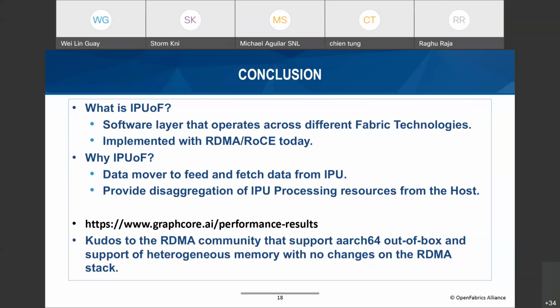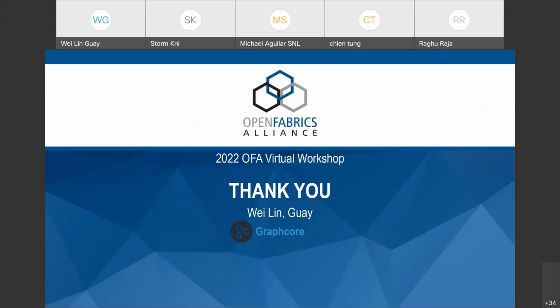Again, I would like to say thanks and kudos to the RDMA community, where we implemented the IPUoF fabrics, with all the heterogeneous memory, like registering peer-to-peer and using streaming memory, without any changes to the RDMA stack. So that's it for our talk. Thank you.